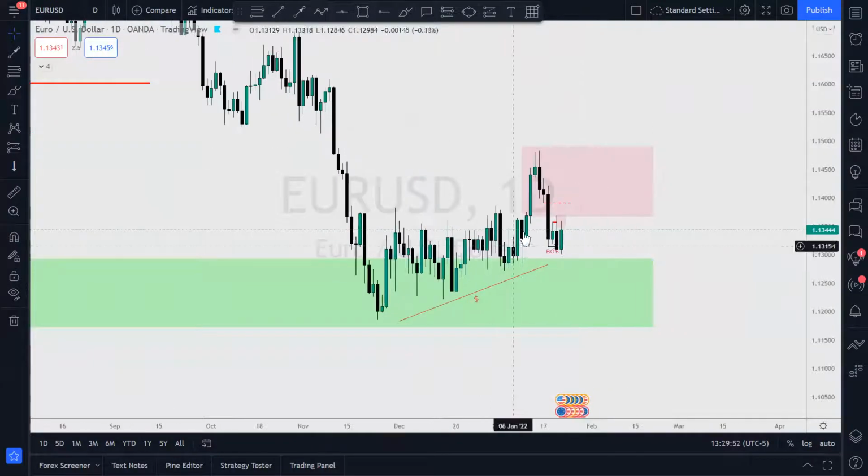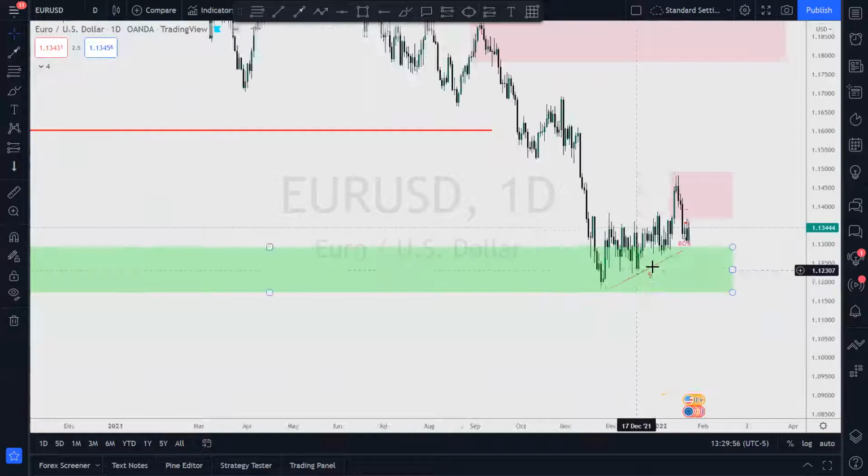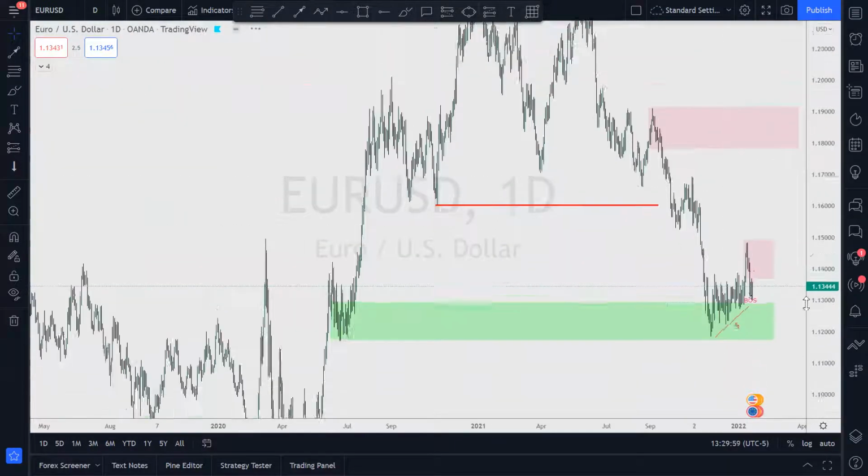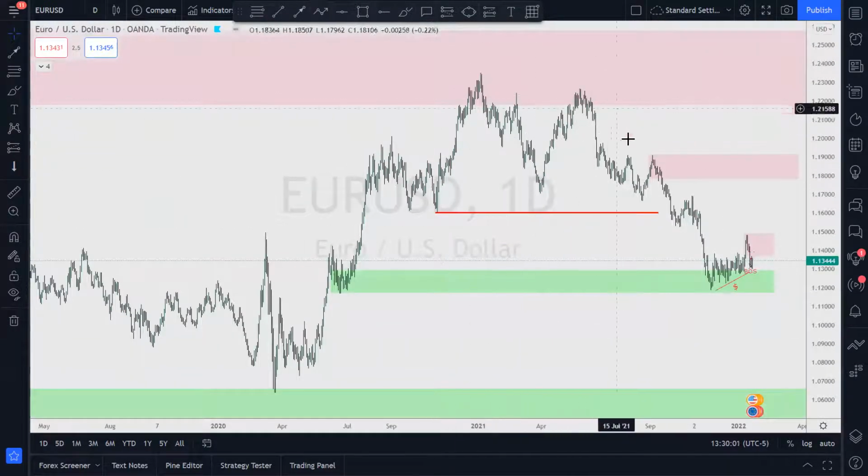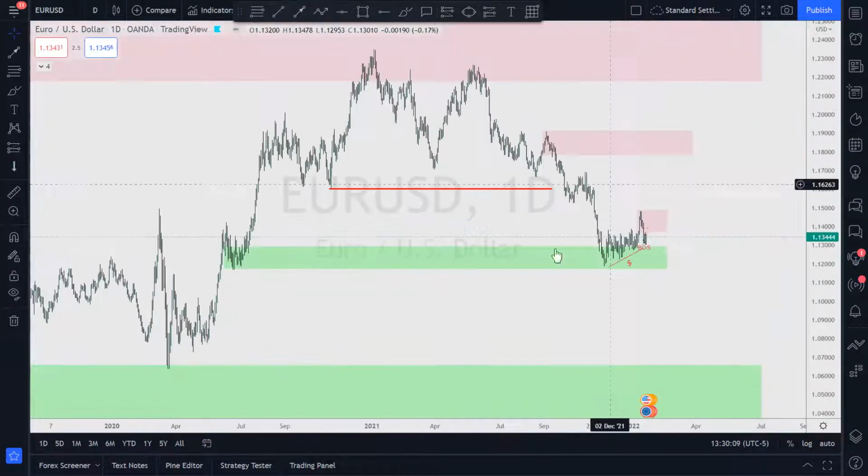Even when it started pulling up, I'm thinking, what is the expected order flow? We see that we have a break of a swing high, a break of this higher low here, and price is bearish.